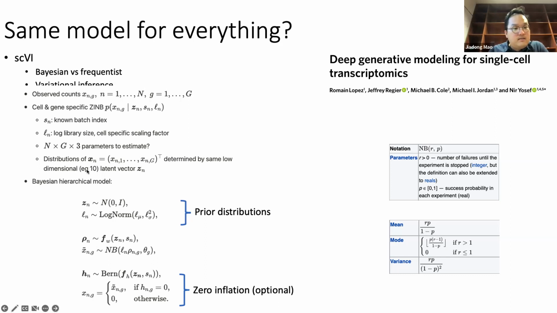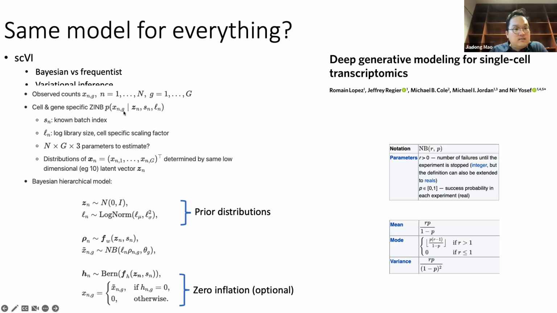In the SCVI package, it is set to 10. So for each cell, we use 10 latent variables to model its behavior. Essentially, we reduce the dimension of the problem from G to 10. That's dimension reduction, latent variable modeling.